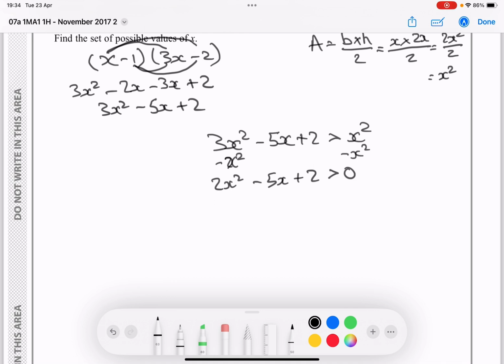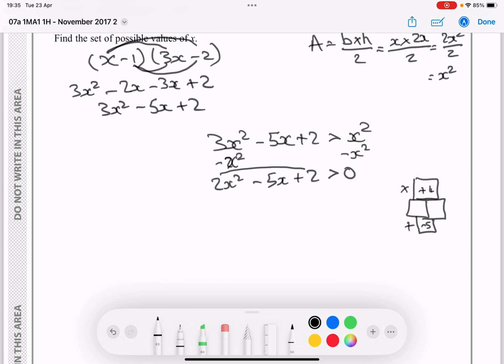And as we're on a non-calculator paper, I'm going to factorise this using split the middle term. First thing, 2 times plus 2 is plus 4. So I'm multiplying two things to get 4. I need two numbers that when they're added together make minus 5, which is that coefficient of x.